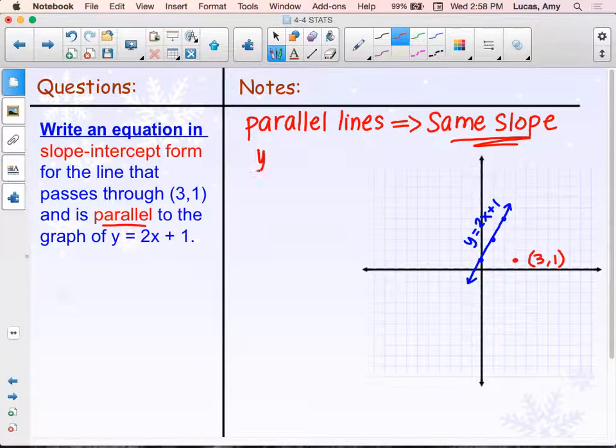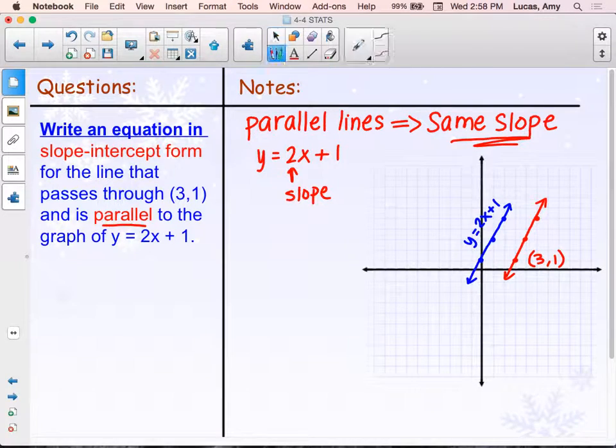So y equals 2x plus 1 has a slope of 2. My new line will also have a slope of 2. So from my point 3, 1, I can go up 2 over 1 and draw my line. So this is what my line is going to look like. It's parallel to the original line, and it goes through that specific point 3, 1.